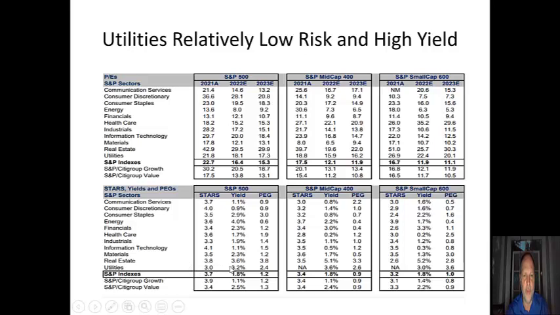The utilities sector has a 3.2% dividend. There are higher ones like real estate and energy, but those are relatively volatile sectors, particularly the energy sector. So this sort of trades like a bond. It's considered a relatively safe investment for particularly retired people that might want to stick money into it to live off of during their golden years.